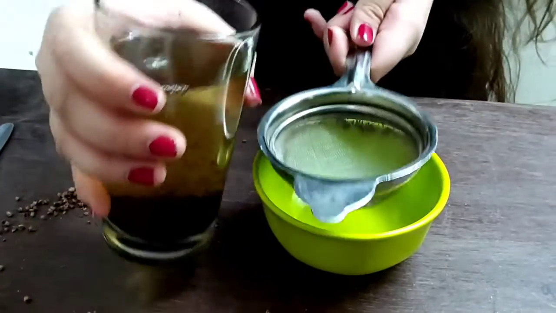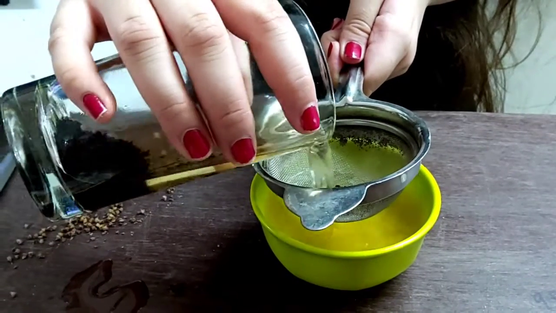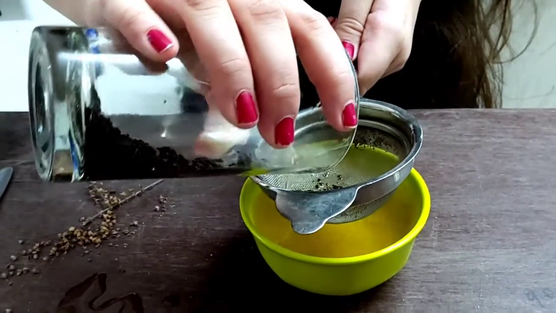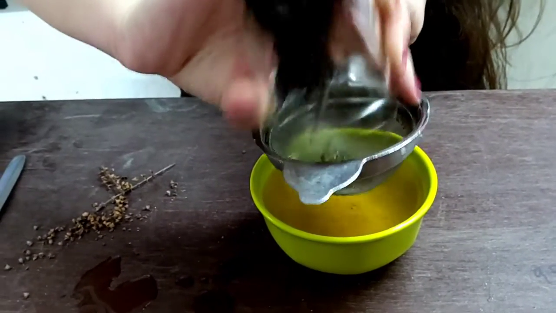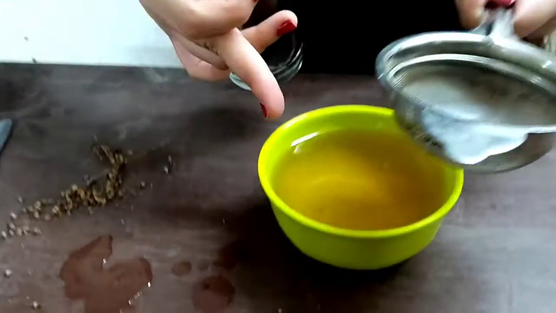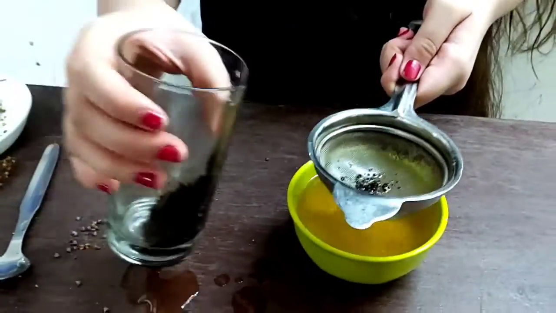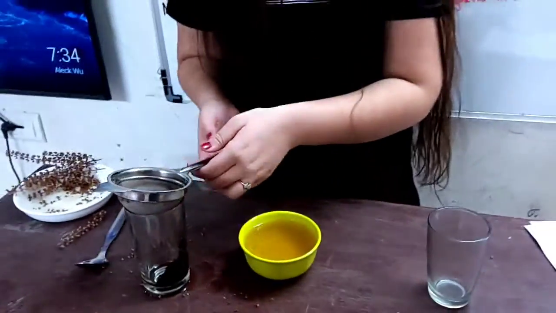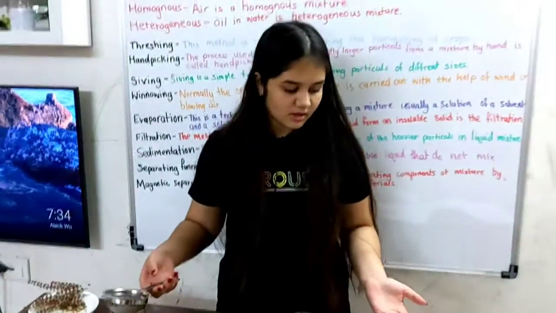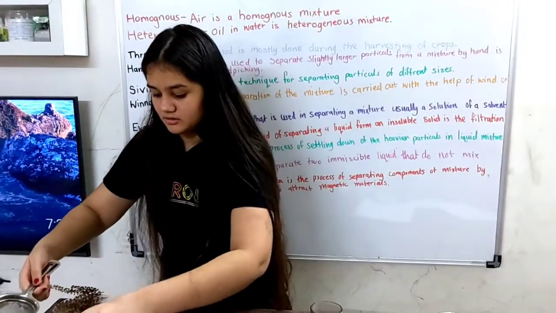So how will I do it? As you can see, the water came out of it, and now the tea leaves are in the glass. So this is called a separation technique. This separation technique is called sieving, because we are sieving the tea leaves.